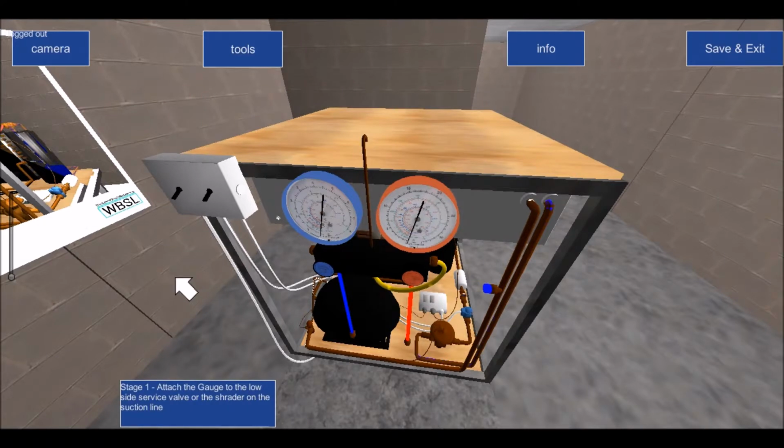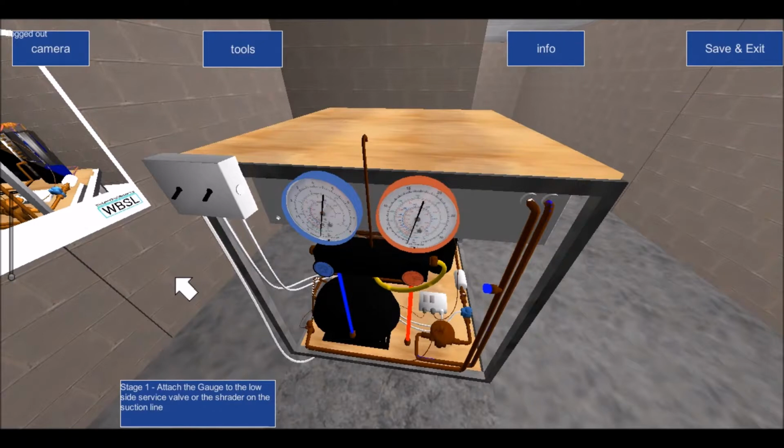Now what purge means effectively is that we, when we access a refrigeration system, must take every precaution not to allow air, atmospheric air, or any kind of air, to enter into the system. The reason we don't want air in the system is that air is an enemy of your refrigeration plant.